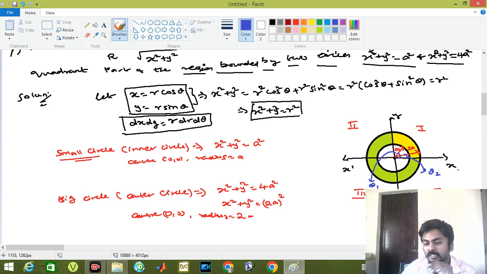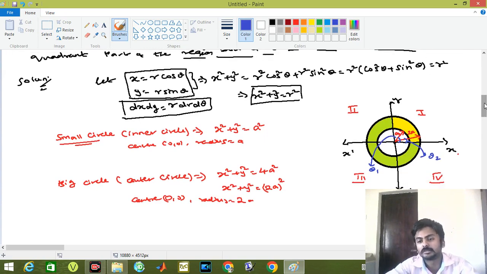So at the same center it is traveling through the equal distance in all the four quadrants. So both this theta 1 and theta 2 will be equal to the same angle, because with the same center I am going to find one angle, and with the same center I am going to find another angle.